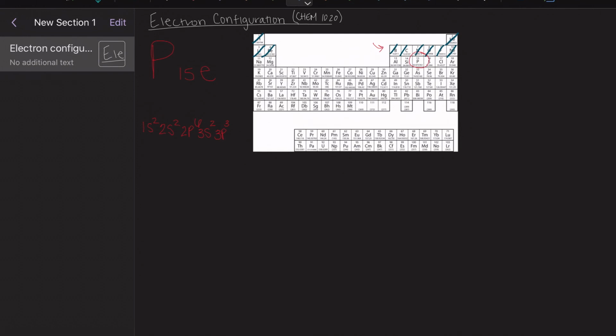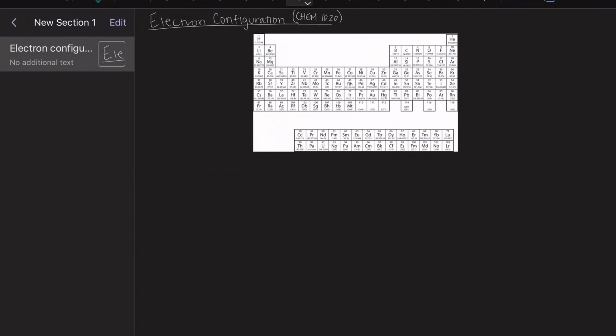And then we'll go down to the third row of the periodic table and fill in 3s with 2 electrons, and then we're getting pretty close to phosphorus. So we'll use 1, 2, 3 electrons in the 3p shell, and that's how we find our electron configuration for phosphorus.